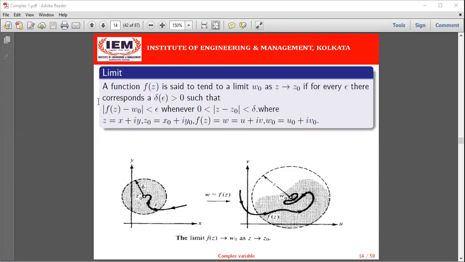If we can provide a certain interval for the dependent variable where its values lie, and the intervals for the dependent variable and independent variable are comparable, then we can say that the limit exists, otherwise the limit doesn't exist. So here the function f(z) is said to tend to a limit w0 whenever z tends to z0, if |f(z) minus w0| is less than epsilon whenever |z minus z0| is less than delta.